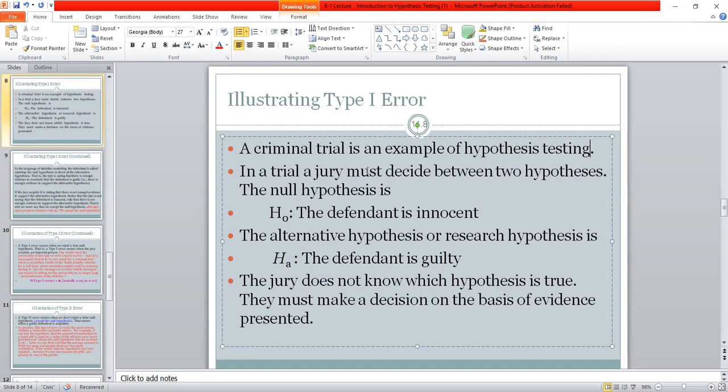He is rejecting a true null based on the evidence so far gathered. He is rejecting a true null, meaning the defendant is innocent, really. But because of the data that has been generated, the defendant is found guilty. So he's sending an innocent fellow to prison. That is committing type 1 error.